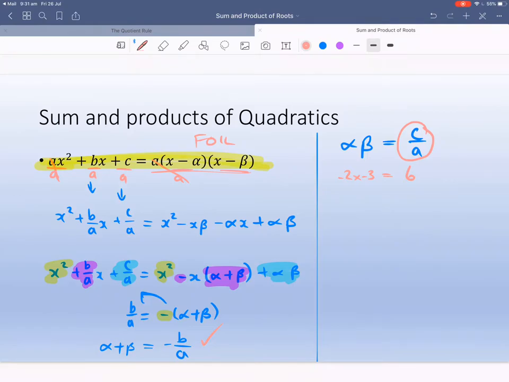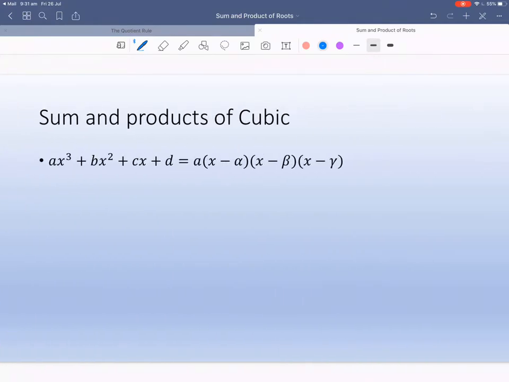All right, we're going to do the same thing. We're going to try to get formulas for these, but now with a cubic. So I'm going to do exactly the same thing. The first thing, I'm going to divide everything by A. So I get x cubed, and then, well, no more A's, so divide both sides by A, cross, cross, cross, cross, and then I've got A over all of these.